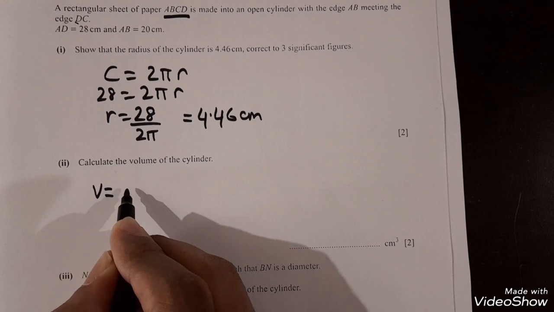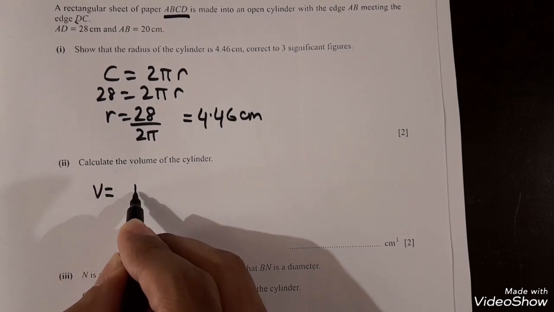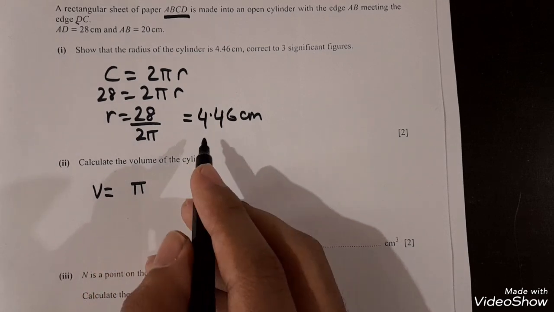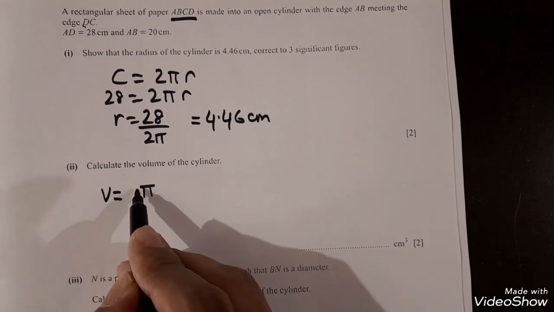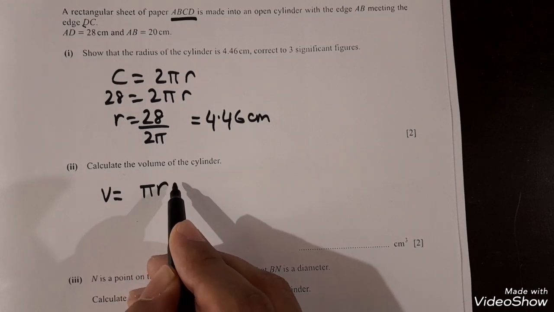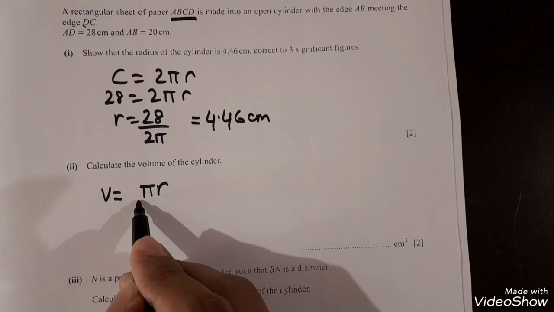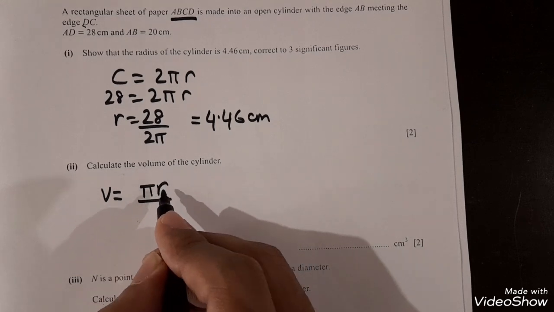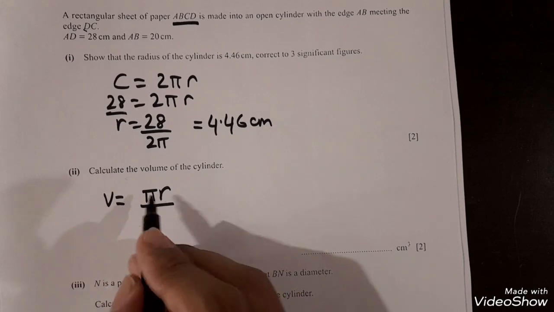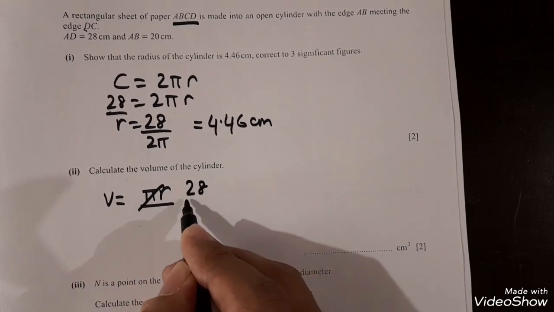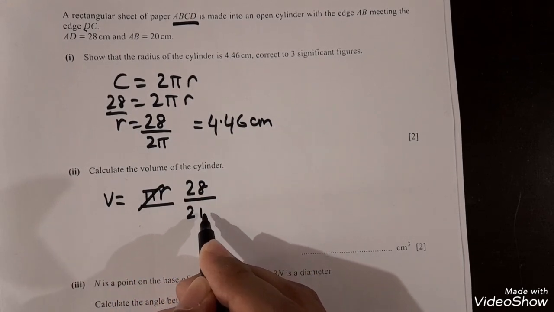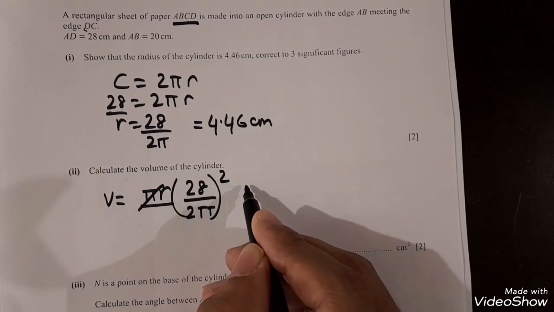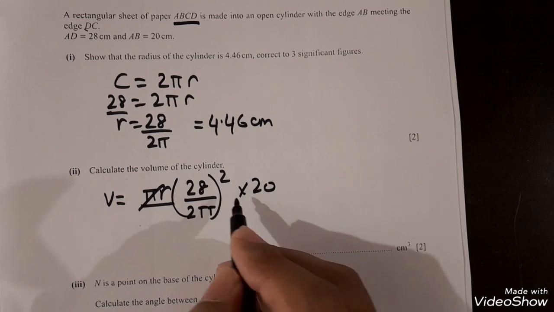V is equal to pi r squared h, where r is the circumference 28 divided by 2 pi, then whole squared, multiplied by pi and multiplied by 20.